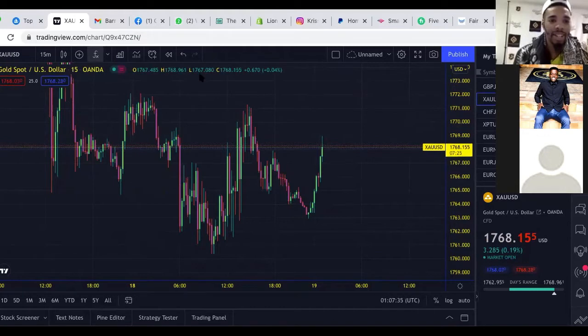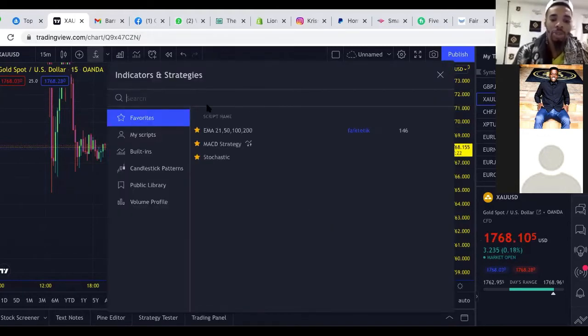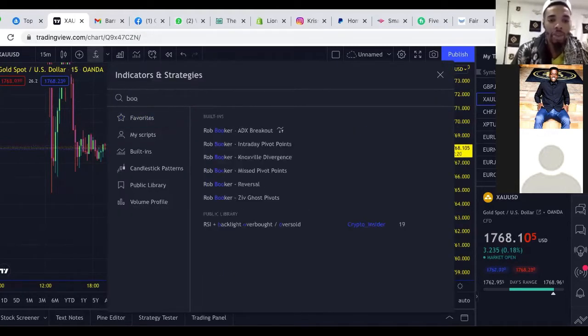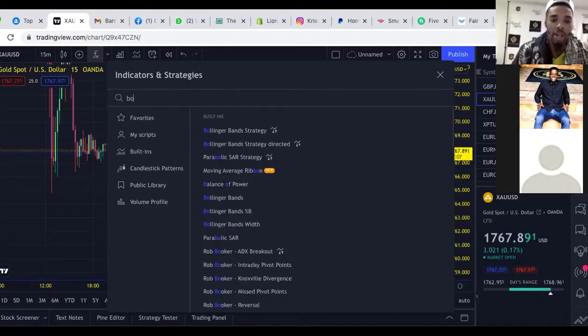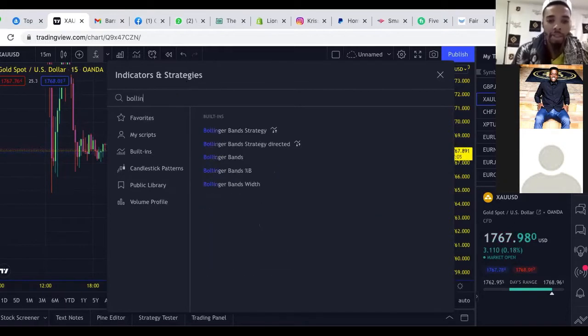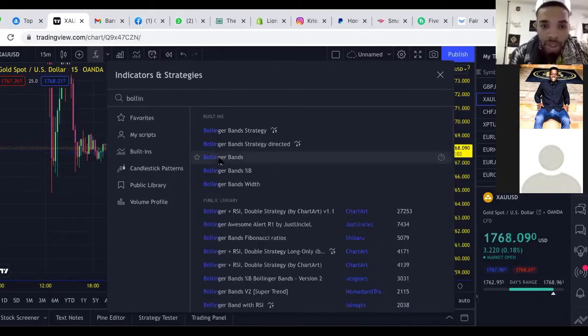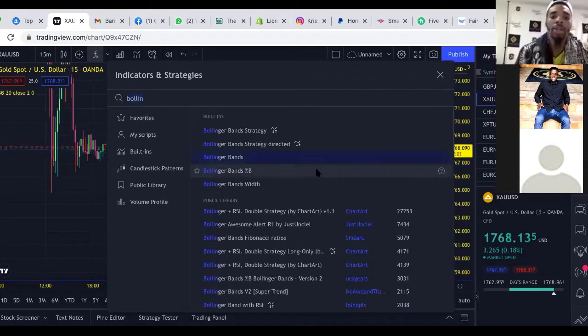So there's a few different Bollinger Bands that you can use. I like to keep it basic and just go with the default one that they have. You can change the settings on them, but it's not really any need, and I only say that because I've been profitable with just the regular Bollinger Band. So I'm just gonna default.